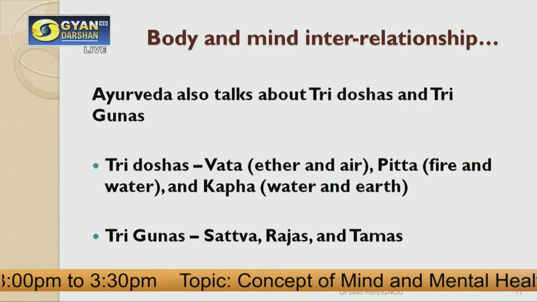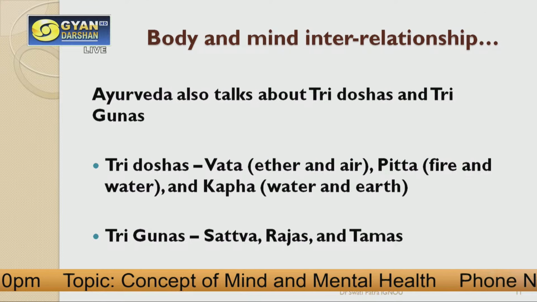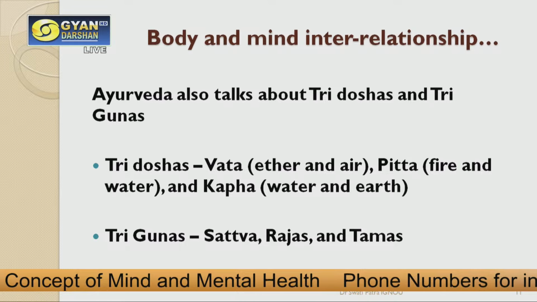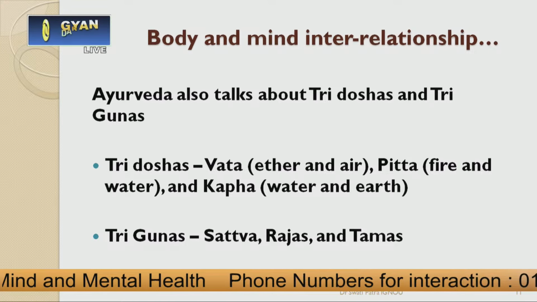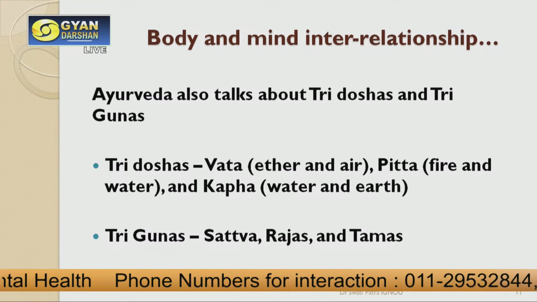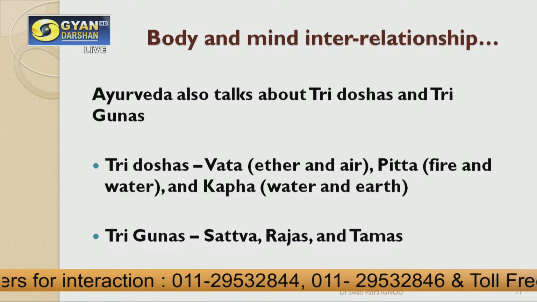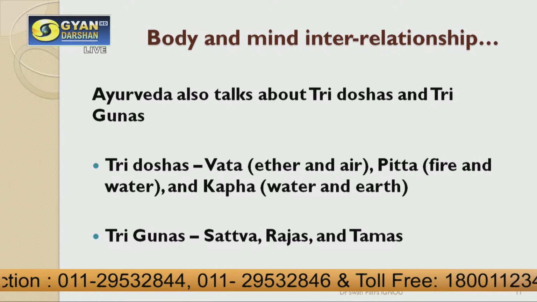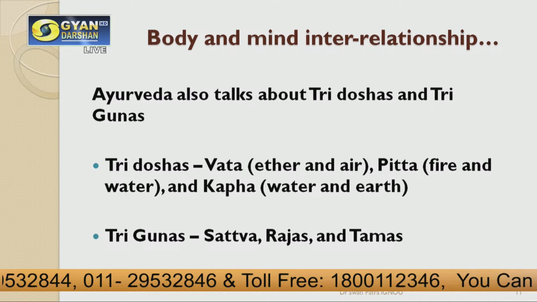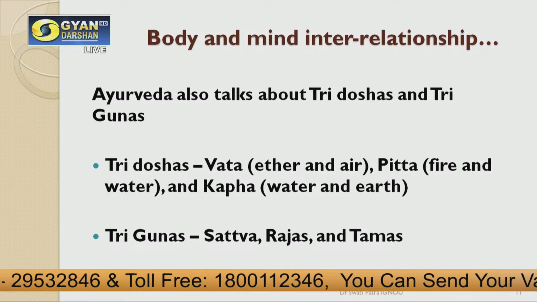Taking all these things, the Ayurveda has defined the body and mind relationship in terms of 3 doshas and 3 gunas. 3 doshas refers to Vata, Pitta and Kapha, where it matters whether the quantity of these elements is more or less.